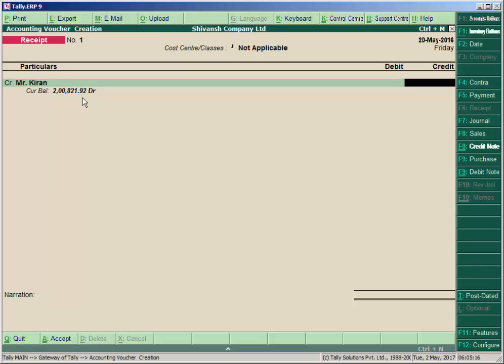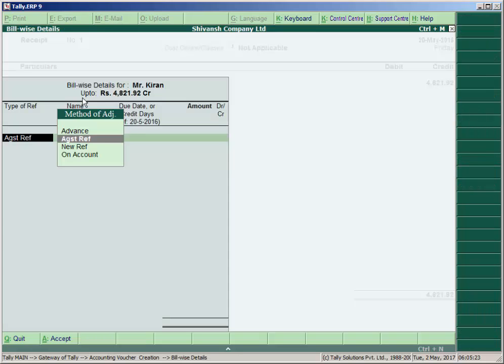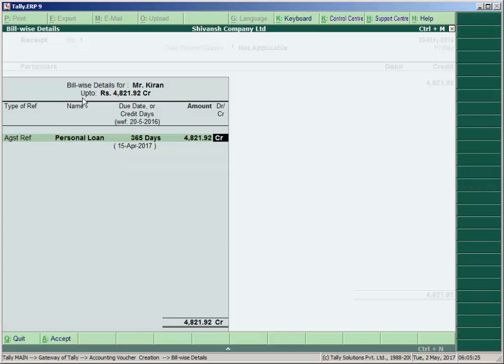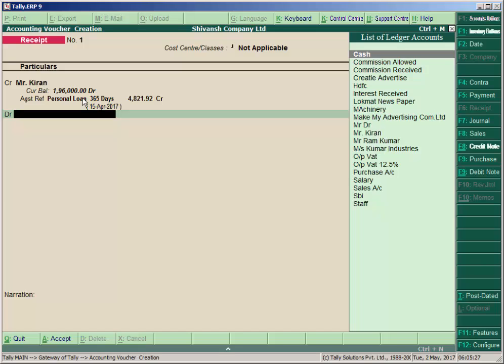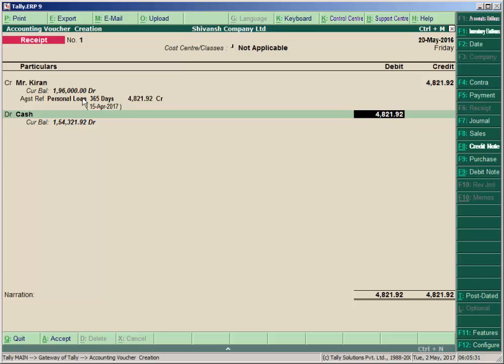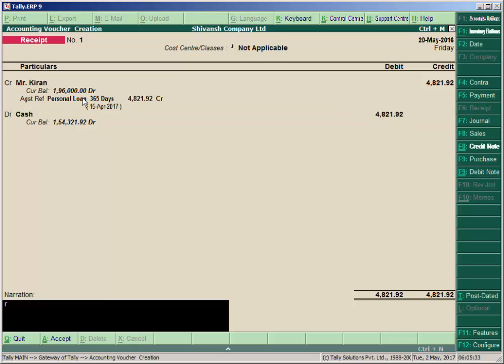So Kiran has paid the amount with interest, and the principal amount is 4,000, by cash. The outstanding receivable amount is shown here as 1,96,000 because the 4,000 is actually the principal amount.